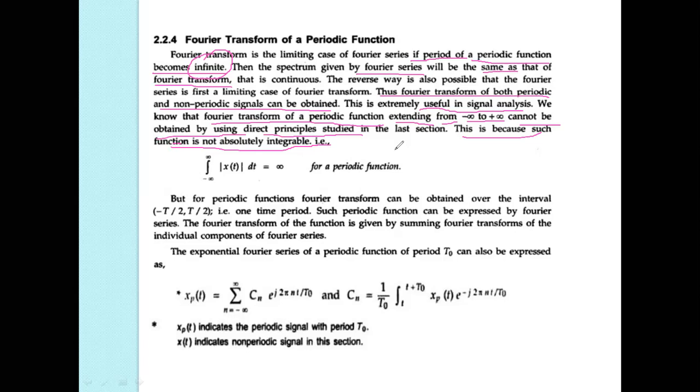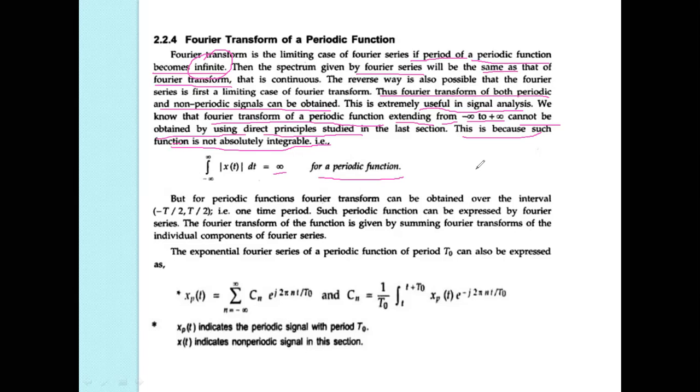See here, for a periodic function, the last Dirichlet condition says that it must be absolutely integrable. Absolutely integrable means less than infinity. But here, the integral from minus infinity to infinity of the magnitude of x(t) dt is equal to infinity. It is not less than infinity.